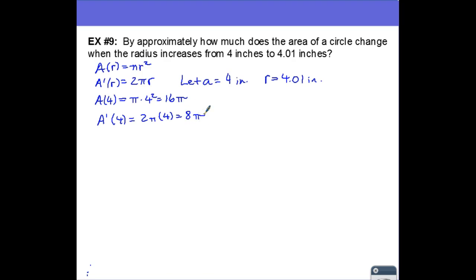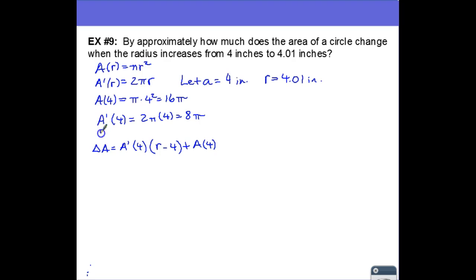And A prime of 4 is going to be 2 times pi times 4, and that's going to be 8 pi. So now the delta A as a function of r, you know what, let's just call that delta A. So delta A is going to be equal to A prime of 4 times r minus 4 plus A of 4.